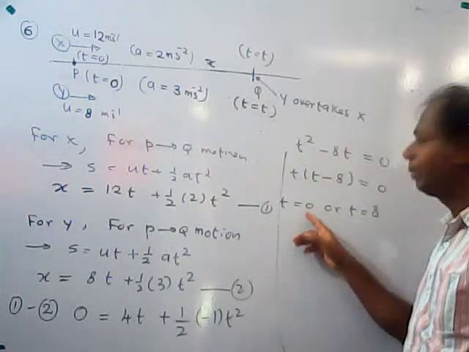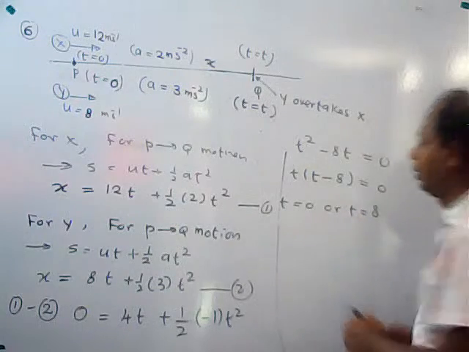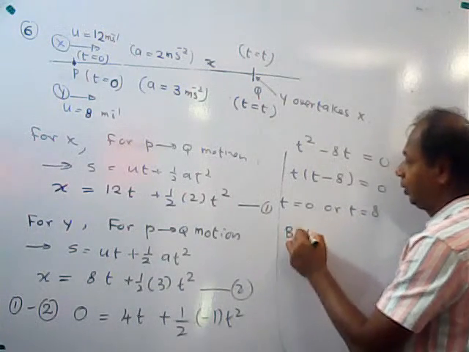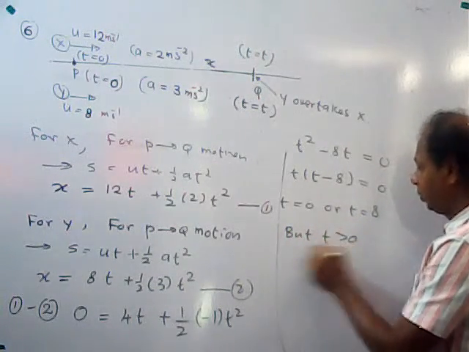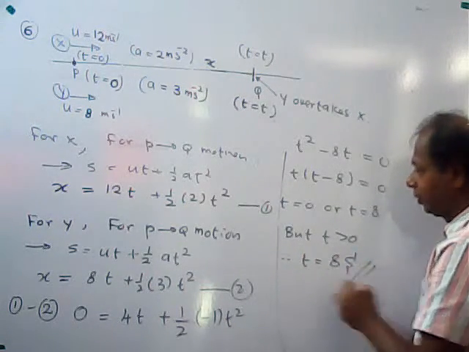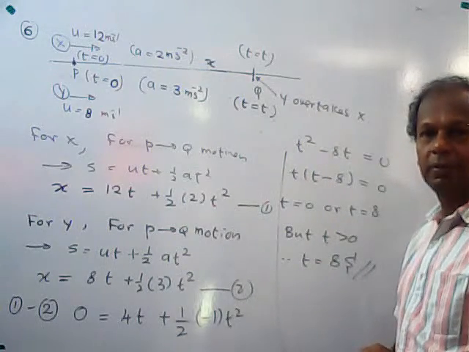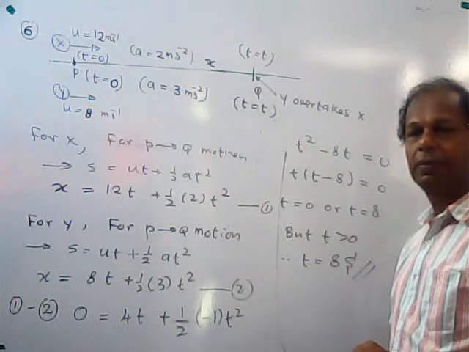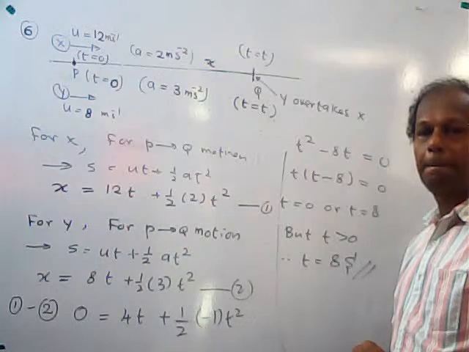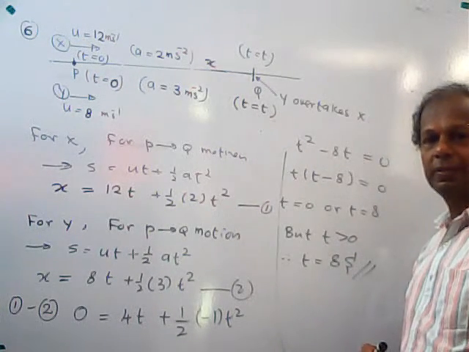But we know that the time t cannot be equal to 0. So it has to be equal to 8. t has to be greater than 0. Therefore, t should be equal to 8 seconds. So they meet after 8 seconds. So that's when y overtakes x.